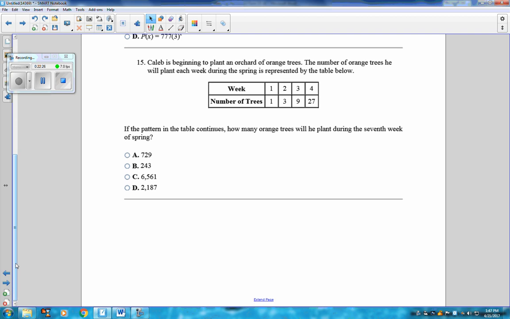Problem 15. Caleb is beginning to plant an orchard of orange trees. The number of orange trees he will plant each week during the spring is represented by the table below. If the pattern continues, how many orange trees will he plant during the 7th week? So I automatically realize it's not being added by the same thing, so I know I'm going to have to use my y equals a times b to the x power. A is my initial start value, but I'm not given a 0. So to figure out how to get to 0, I have to take my second number and divide it by my first.